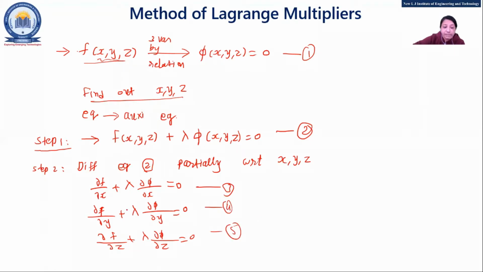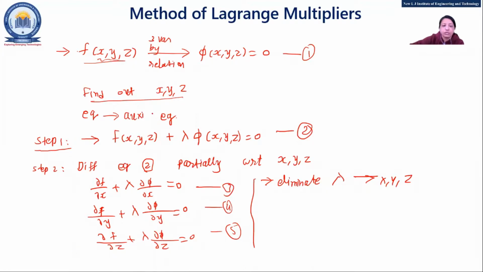Now you need to eliminate lambda from equations 3, 4, 5. If you do partial differentiation, obviously you have equations in terms of x, y and z. From those three equations you have to eliminate lambda, and then you will get the values of x, y and z.